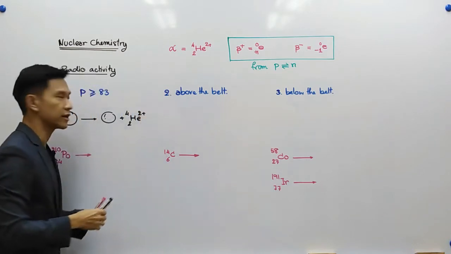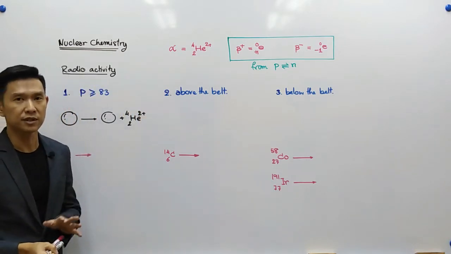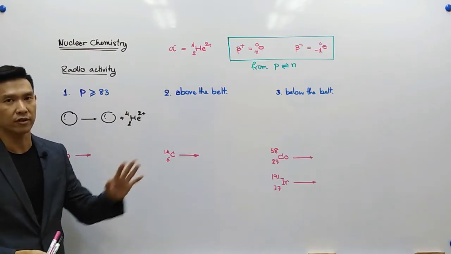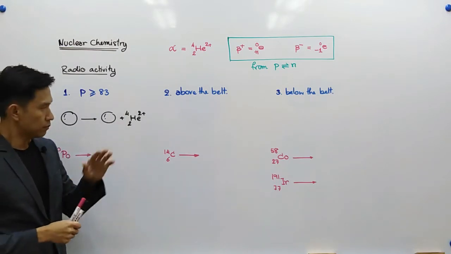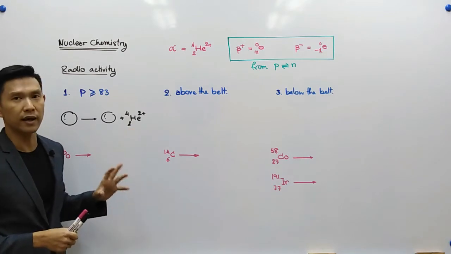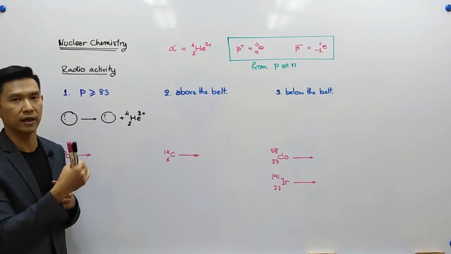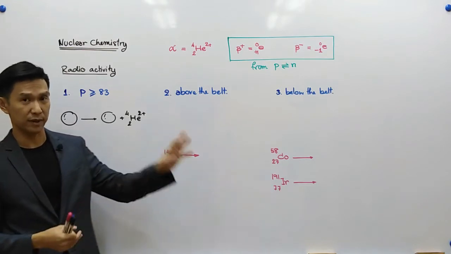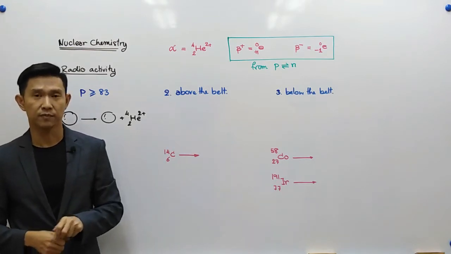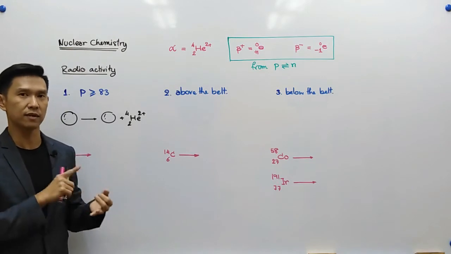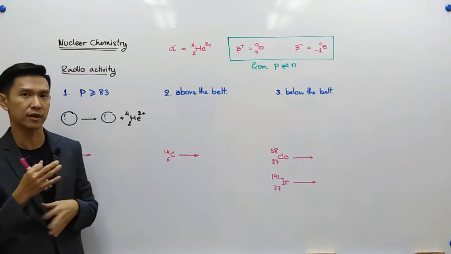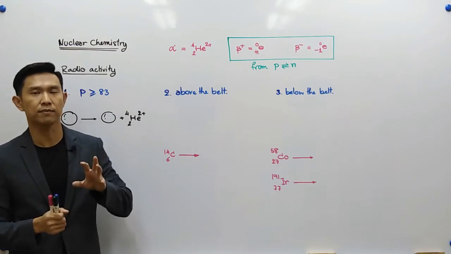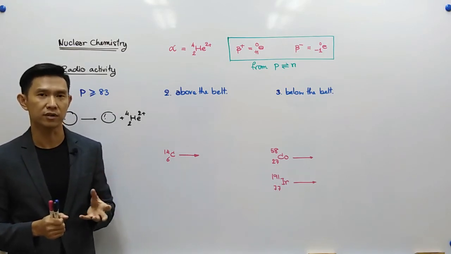Why does it have to be helium-2 plus? Because, as you know from the belt of stability, the smaller atoms require an N over P ratio less than the bigger ones. As you can see, small elements like lithium, helium, boron, carbon, nitrogen, neon, things like that, normally have the same number of protons and neutrons in the nucleus, right?